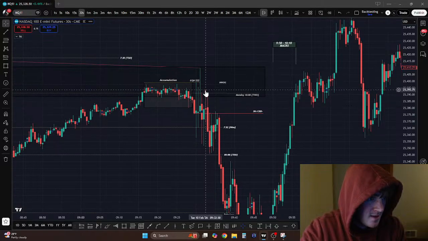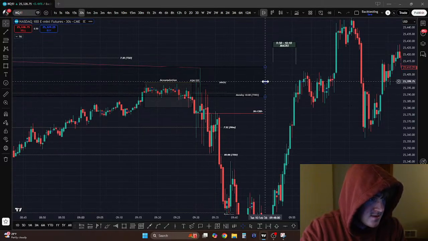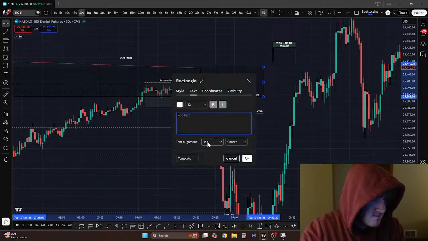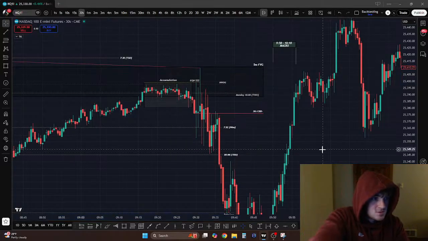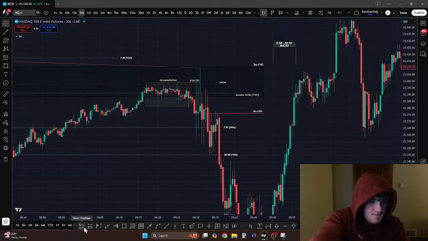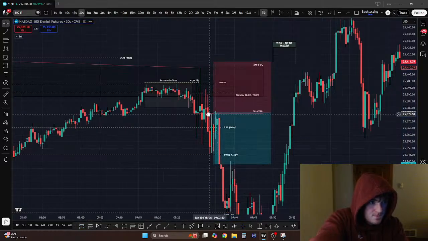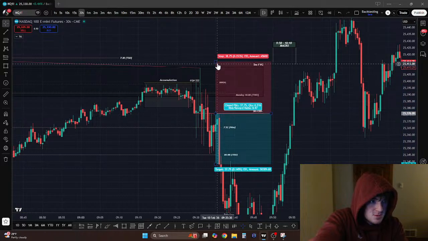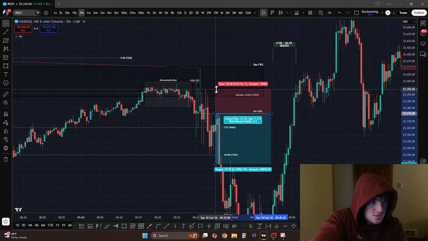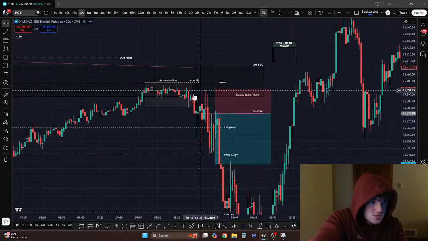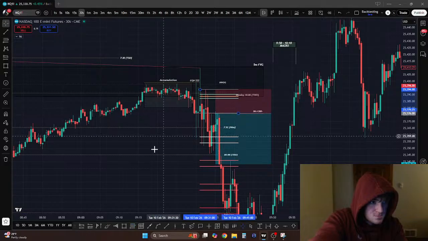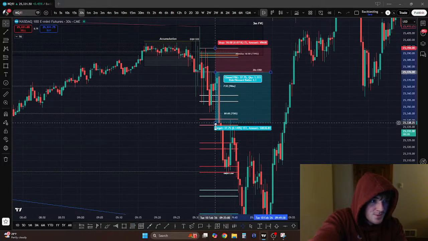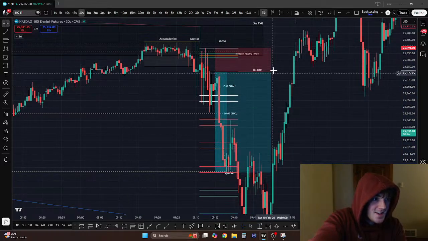I would go from here to here like this. Something like that. Boom. Down 4 projections to data low. That is a sweet trade.